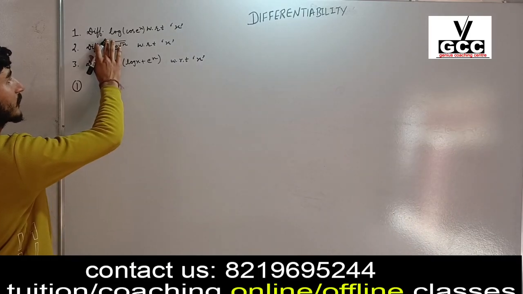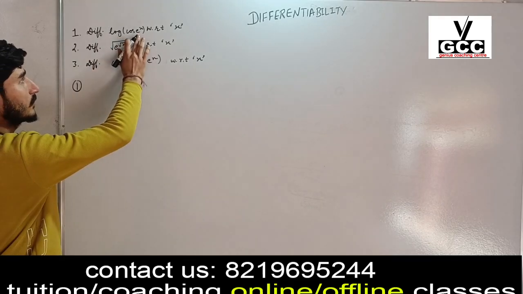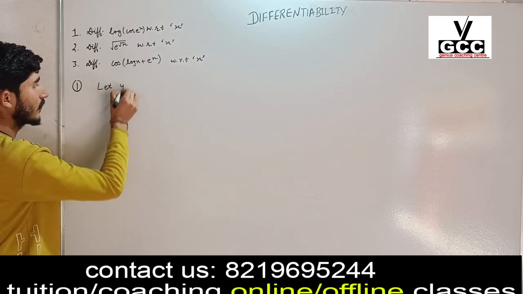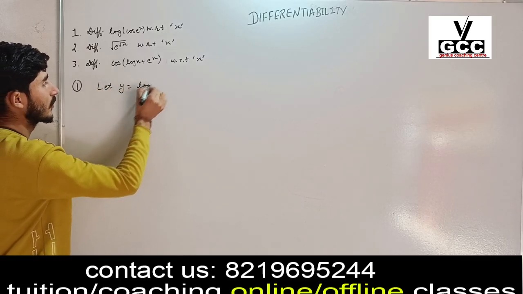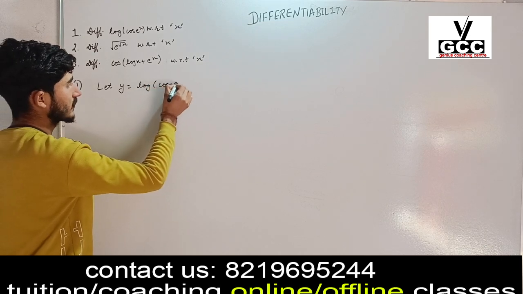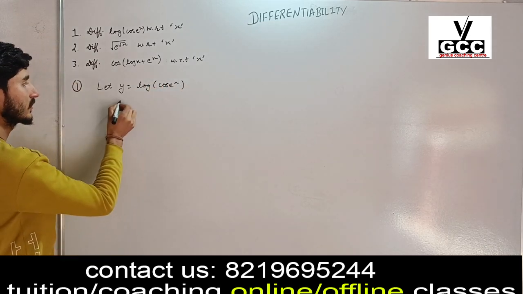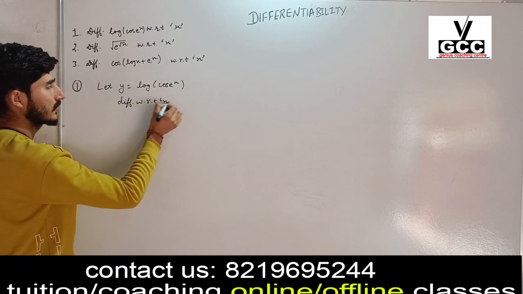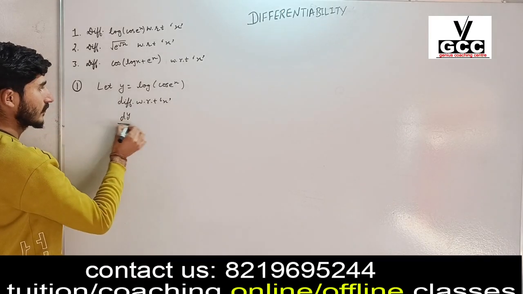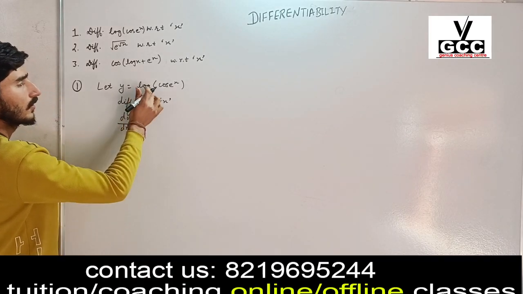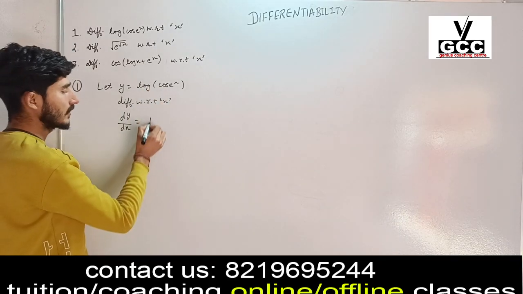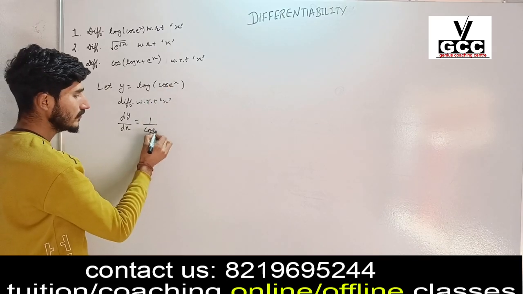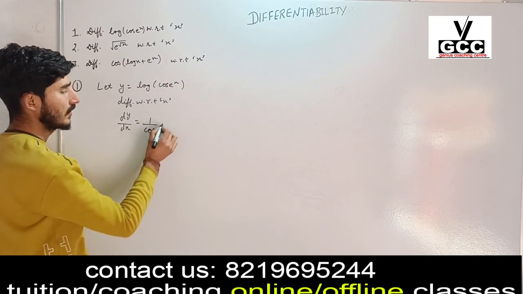Let us take another example. We have to differentiate log of cos e^x with respect to x. So let y is equal to log of cos of e^x. We have to differentiate with respect to x. dy/dx. What is the derivative of log x? The derivative of log x is 1 upon x, but x here is not a simple function, it is cos of e^x.